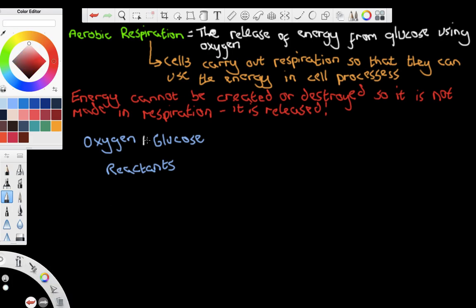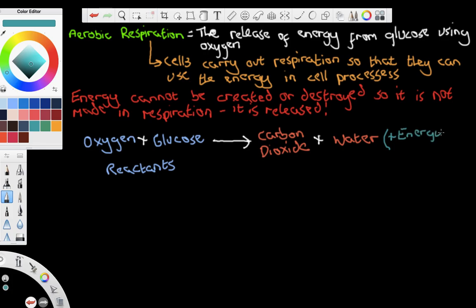When we add oxygen and glucose together in aerobic respiration, we get the release of products, which in aerobic respiration are carbon dioxide, plus water, and in brackets on the end of that equation we can put energy. We can't add energy to the word equation because energy isn't something you can hold. It's not a substance, okay? But this energy is used by the cells, okay?